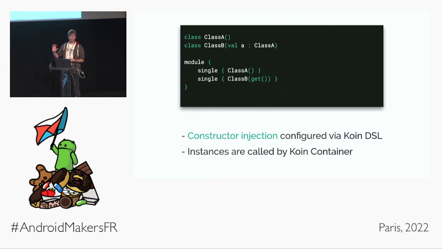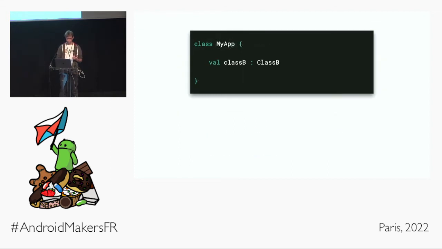As a reminder, when you describe things in a module, Koin will build everything for you, and you will mostly use constructor injection. That means that your classes are not depending at all on the Koin API. On the other side, the other power of Koin was to provide a very shiny mechanism to help you retrieve your instance from anywhere in your application, in Android, in Ktor, any kind of runtime that is using Kotlin.